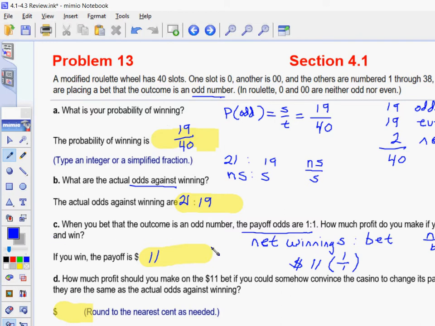And so we want the 21 to 19 odds instead as our payoff odds. So we multiply the $11 times 21 over 19, and I get $12.16. Okay, next question.